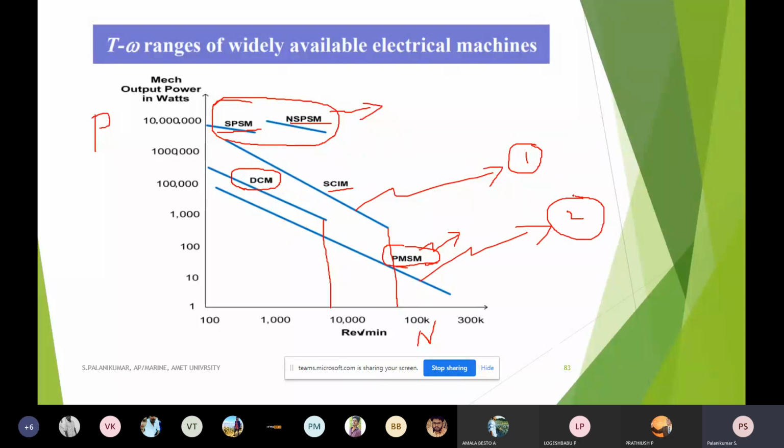These are the two available future motors.